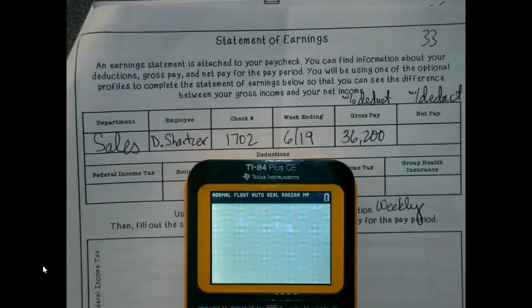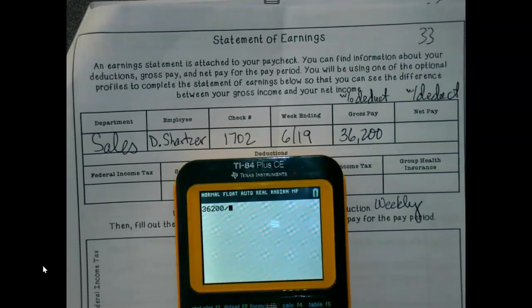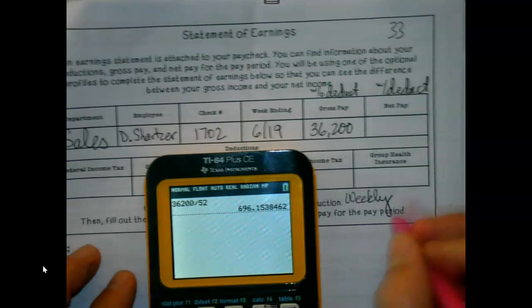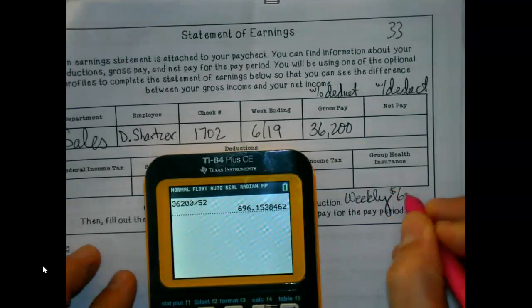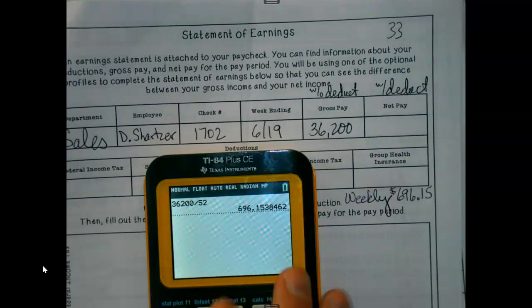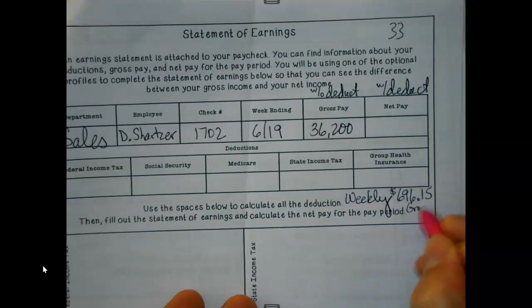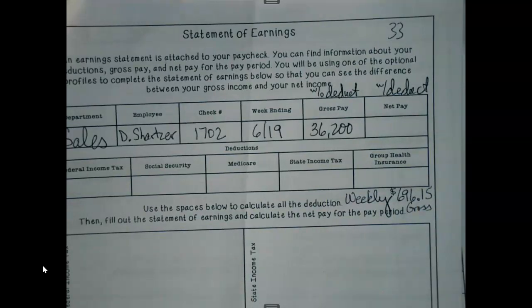So, let's get out 36,200. How many weeks are in a year? 52. So we're weekly looking at $696.15 gross. Okay, that's not how much is going to be on the top of my paycheck. That's how much we're going to have at the start here.